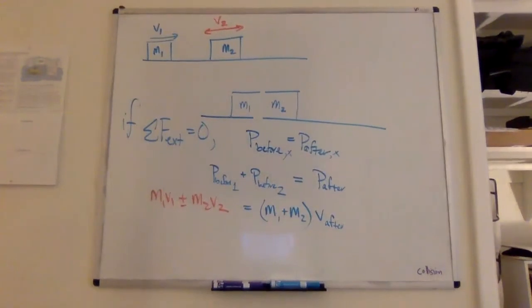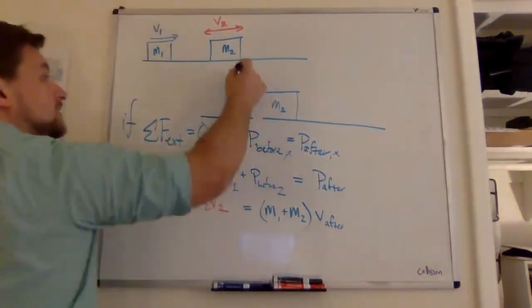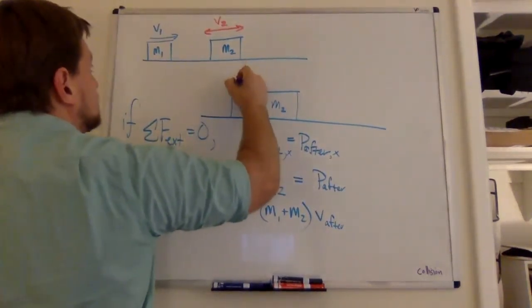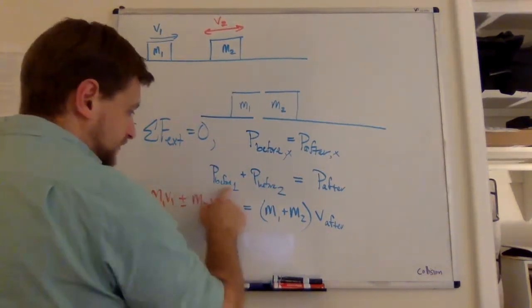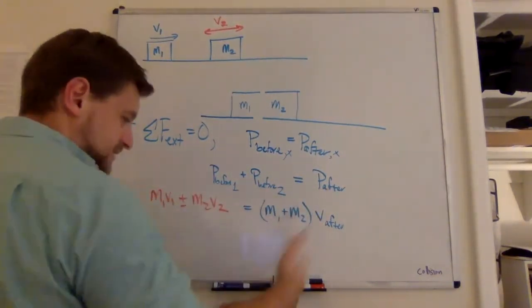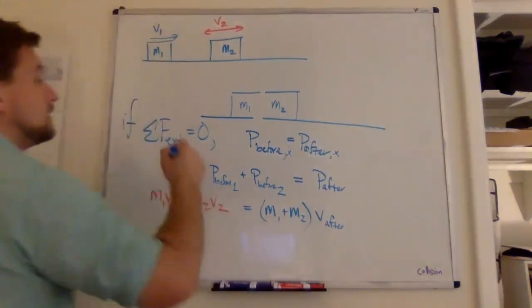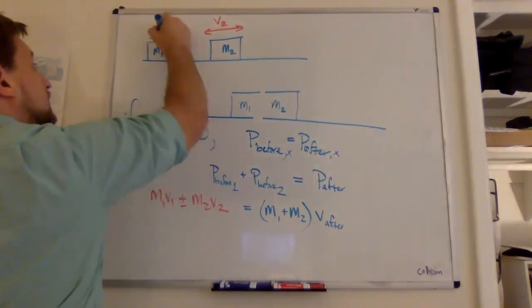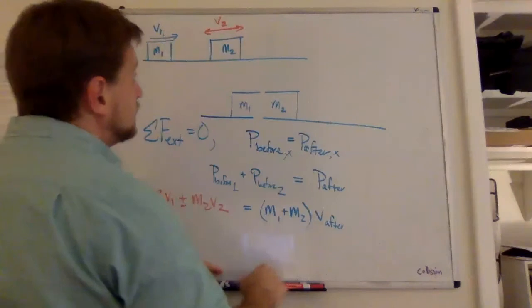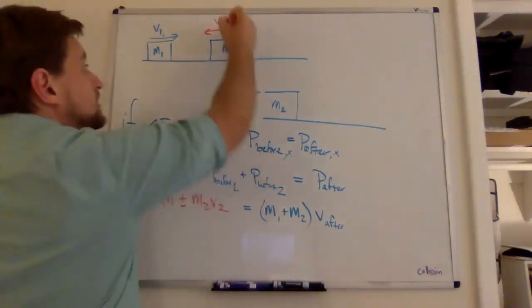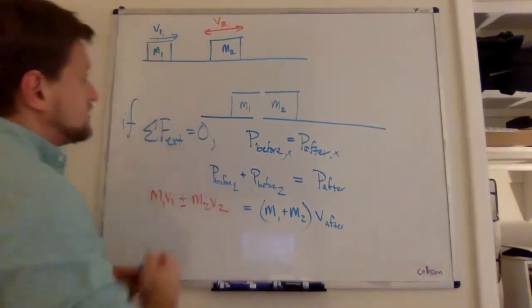And there's actually some final velocity. The words before and after are getting to be a lot to write. Can I switch to initial? V1 sub i for initial, and V2 sub i for initial. Before the collision, this is the story.